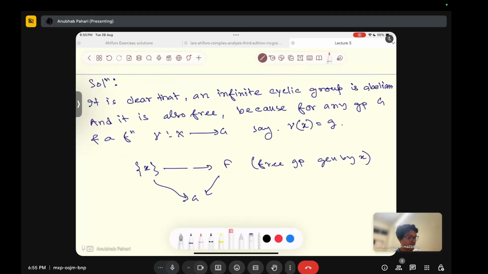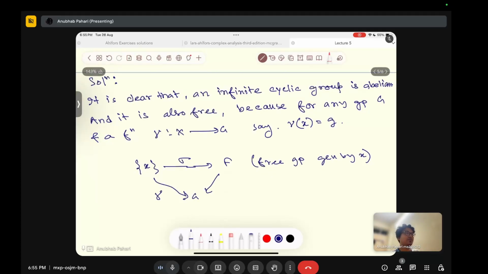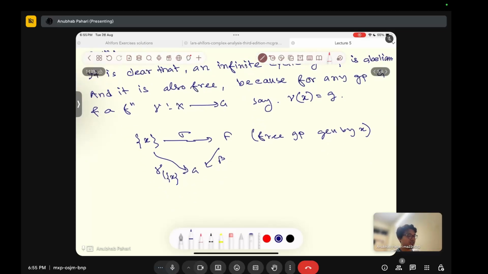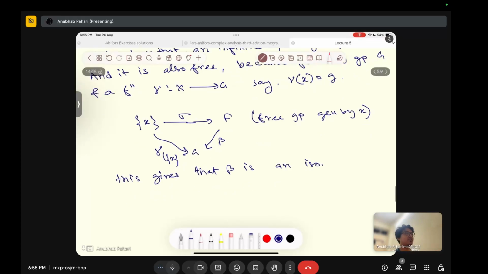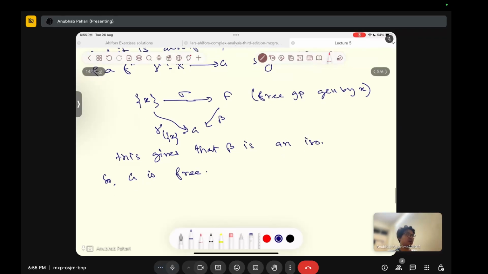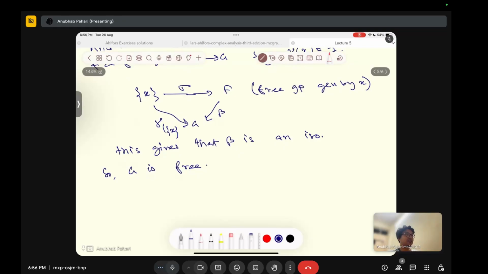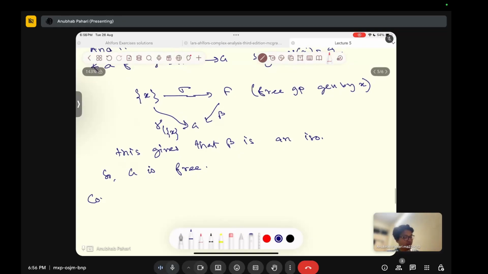This is your sigma to the free group, and this is your gamma from X to G, gamma restricted to small x, and say this is my beta, and this gives that beta is an isomorphism. So G is free. This is just a routine check and comes from the definition. You can check it, and the converse follows from the previous problem.